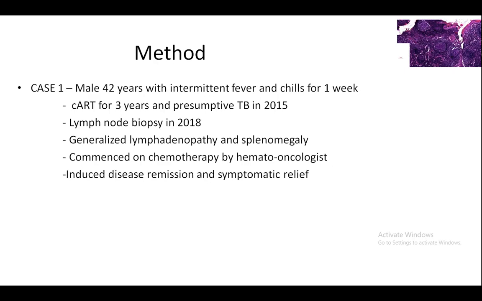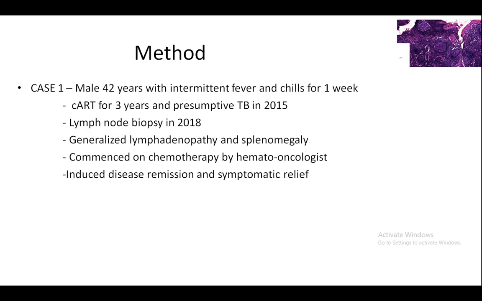These did not disappear, so in 2018, a biopsy was done, which was suggestive of Kaposi's sarcoma because of the spindle shaped cells which were seen there. And it was advised to do an HHV8 test, which he didn't do.